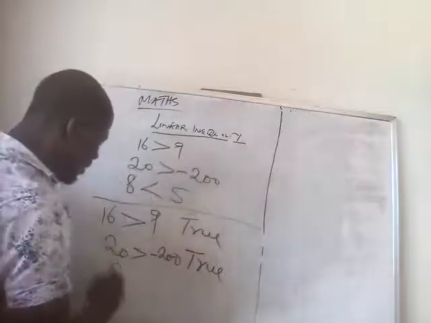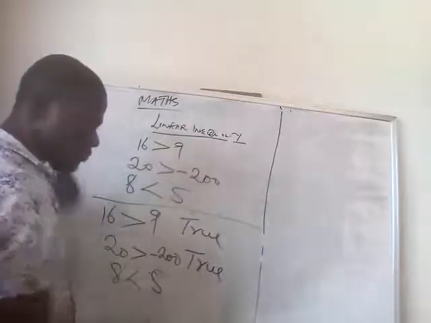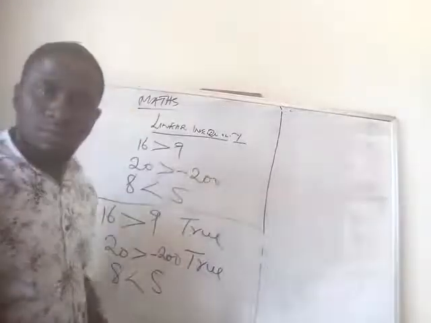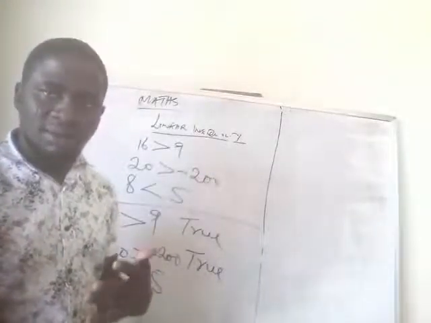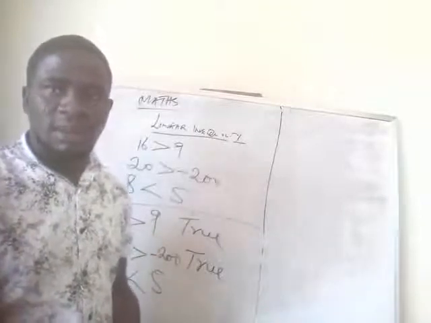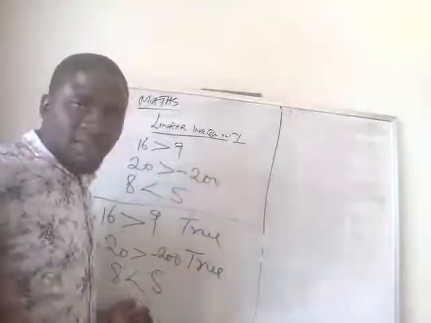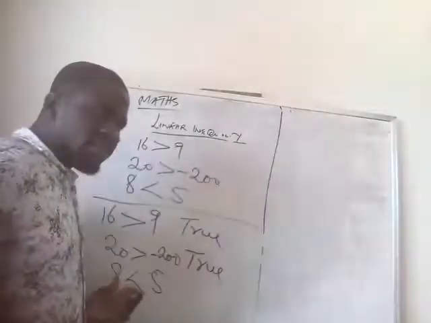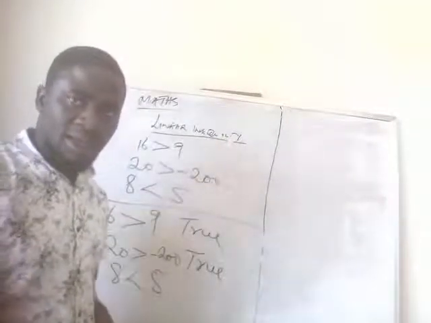In the last one, you have 8 is less than 5. Is 8 bigger than 5 or smaller than 5? If 8 is bigger than 5, that means this statement is wrong, because the sign here is indicating less than. That is smaller.